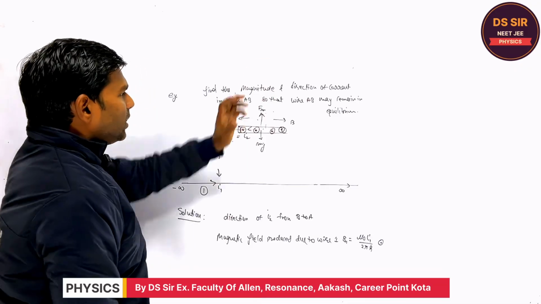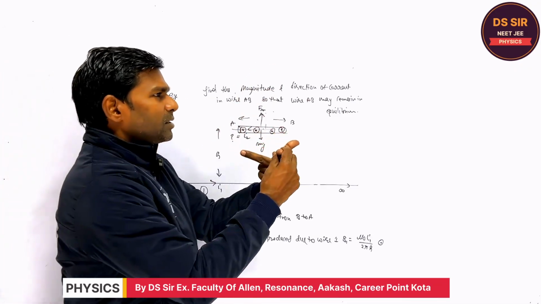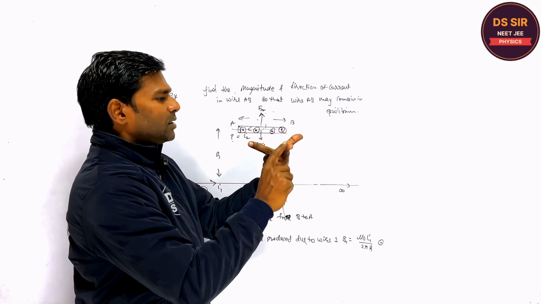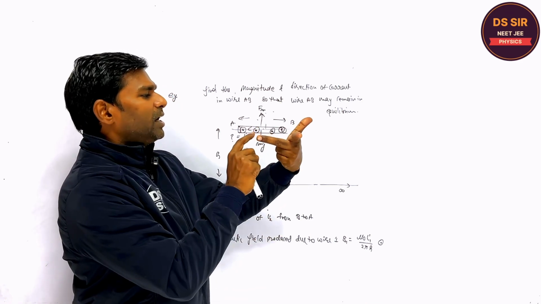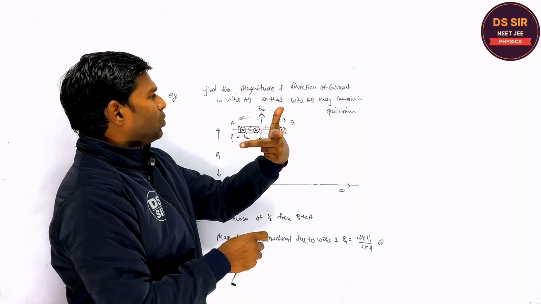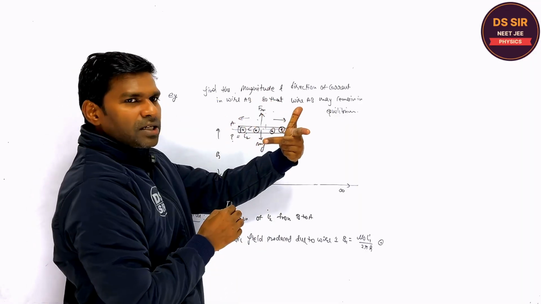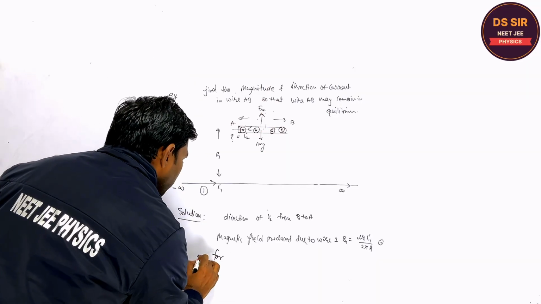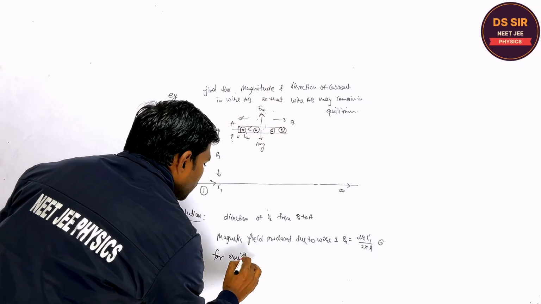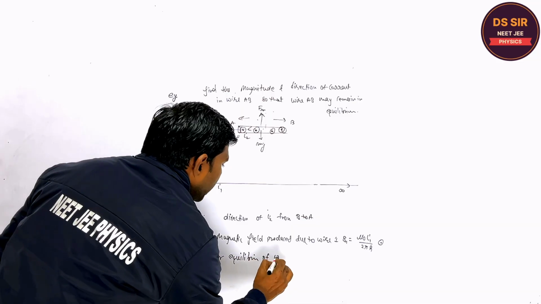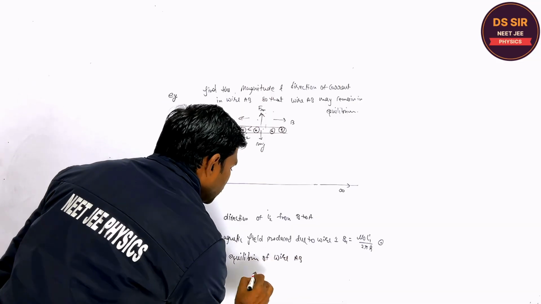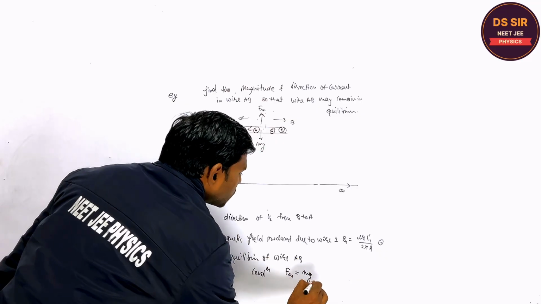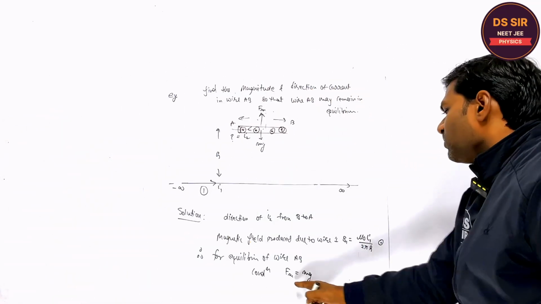Now this is the magnetic field, and this is the current direction. So what is the magnetic force in this direction? Therefore, for equilibrium of wire AB, what is the condition? The condition is that the magnetic force should be balanced by the gravity force.